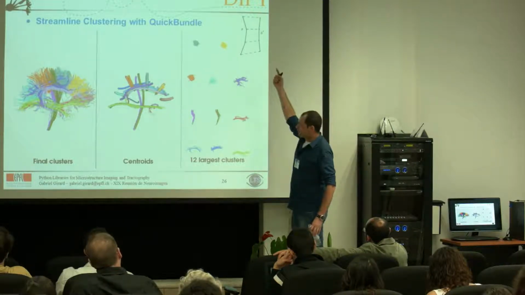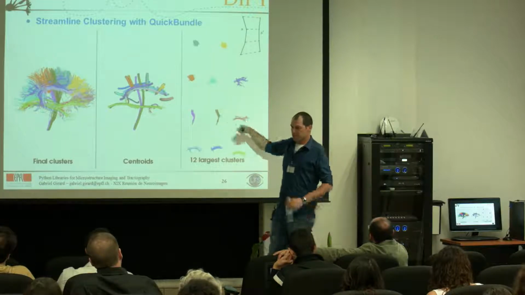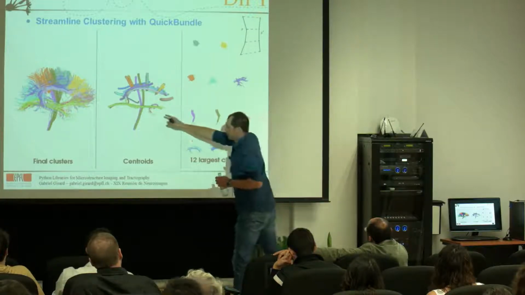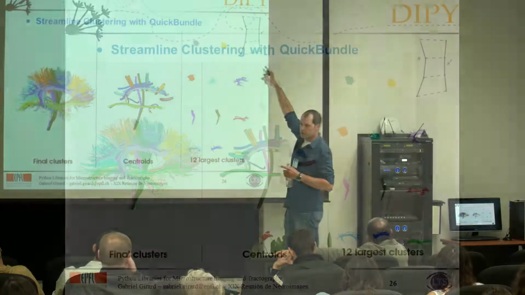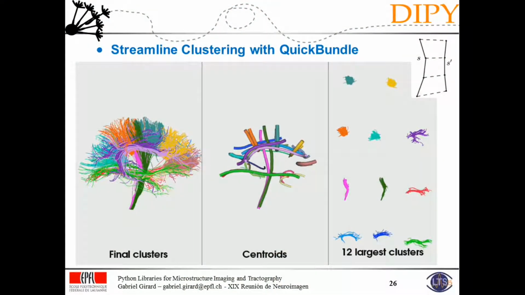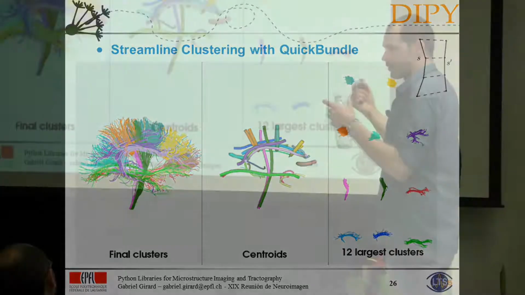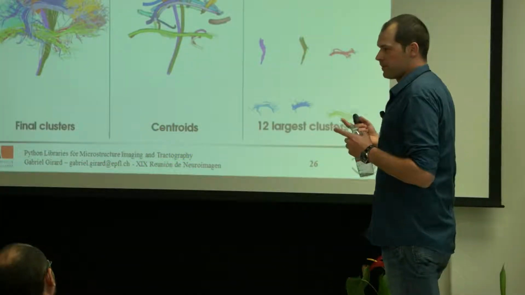The way it's computed is you take the streamline of the centroid and compute the distance point to point with the same streamline, resampled, for instance, with 10 or 20 points, and then you compute the mean distance. If this distance is below a threshold, you put the streamline in this cluster. If there's no centroid that is close enough, you take the streamline and this becomes the new cluster.